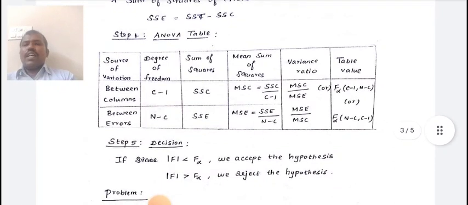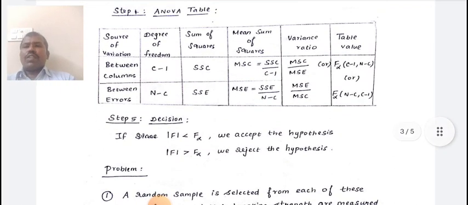Next is the ANOVA table. Source of variation: between columns and errors. Degrees of freedom: C minus 1 and N minus C. Sum of squares: SSC and SSE.